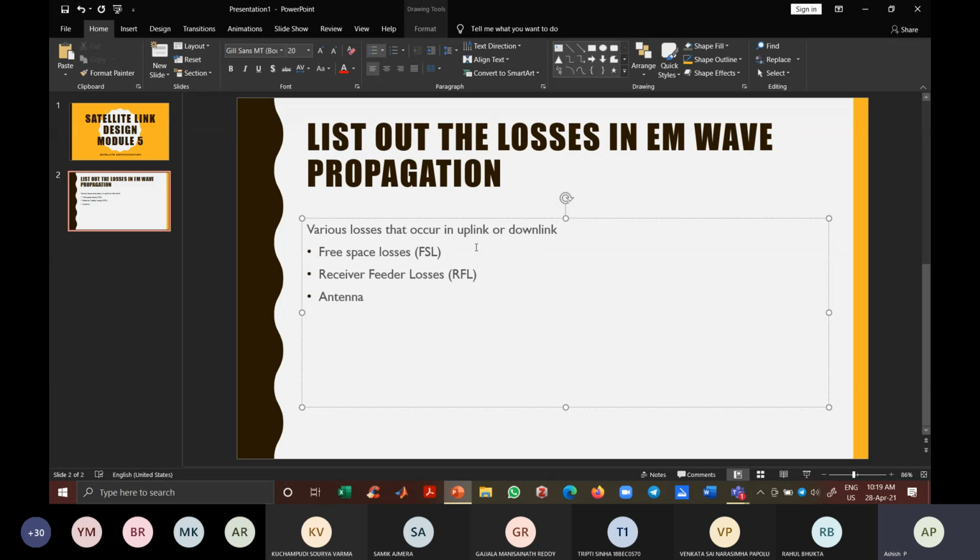Some people call it path loss, or some people also call it free space path loss. All these equations will be there, so we have to cater to them. Then antenna misalignment losses, AML, and then atmospheric losses, atmospheric absorption losses.